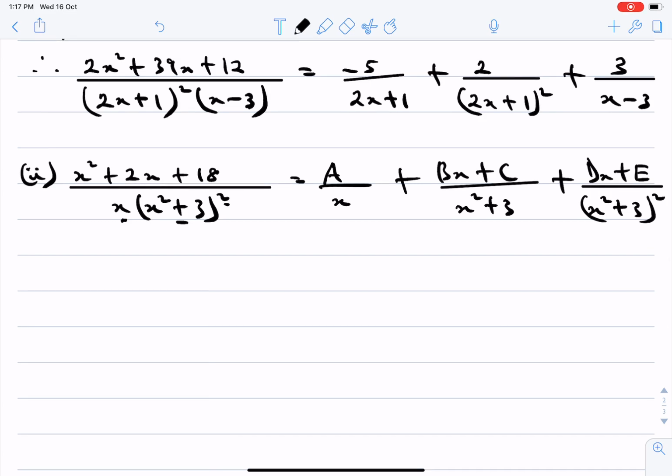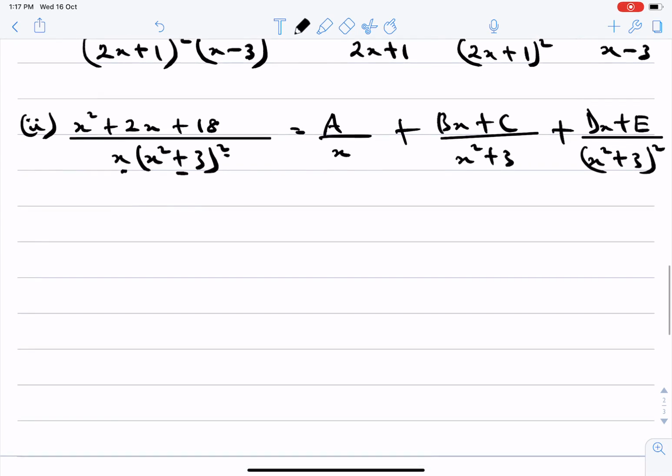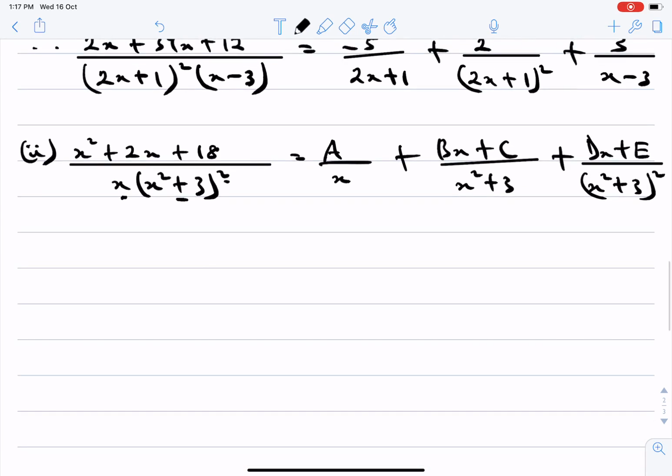This second partial fraction for the factor x squared plus 3 is as a result of its repetition. It has 2 partial fractions because it is repeated.